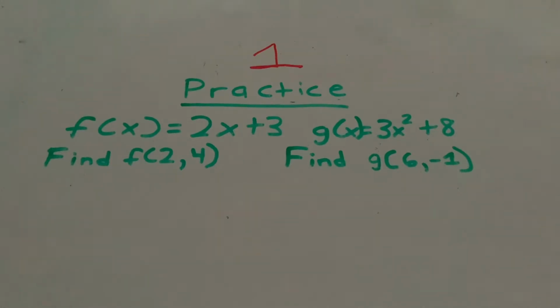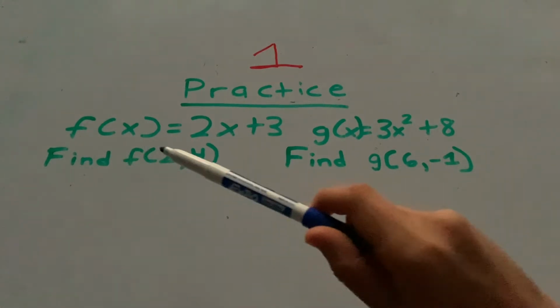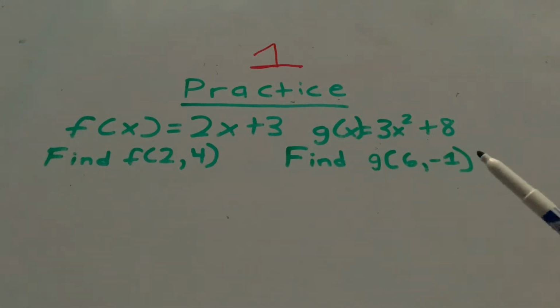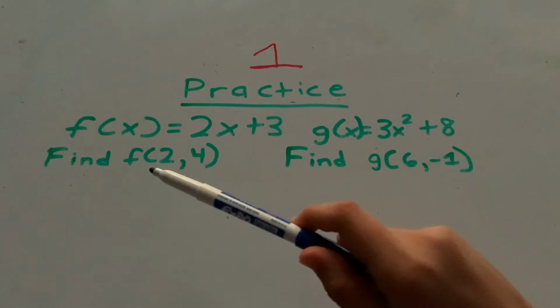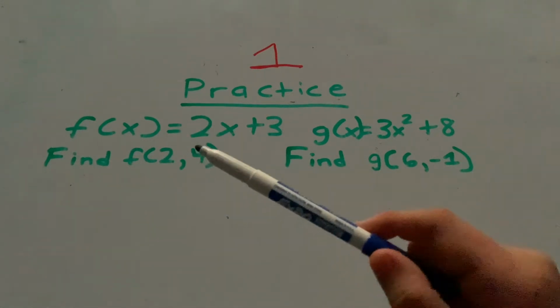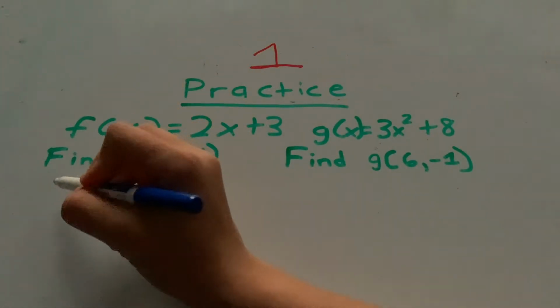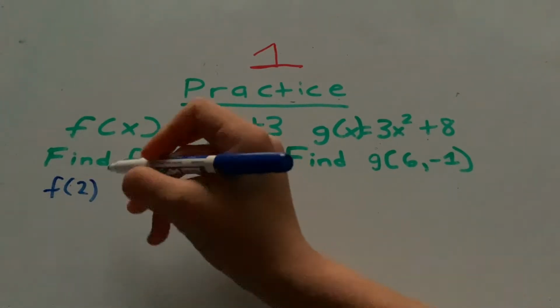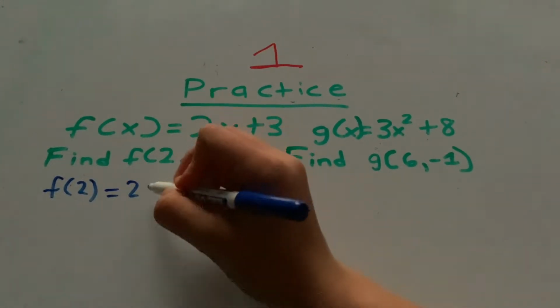Now we're on to some practice for evaluating functions with plugging in numbers. So we have the equations f of x equals 2x plus 3 and g of x equals 3x squared plus 8. For f of x, we're going to find f of 2 and f of 4. So let's get to that. We're going to do f of 2 first. We're going to rewrite the equation with f of 2 in there equals 2x plus 3.